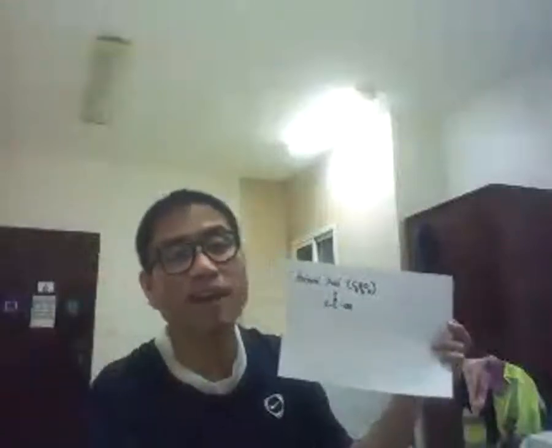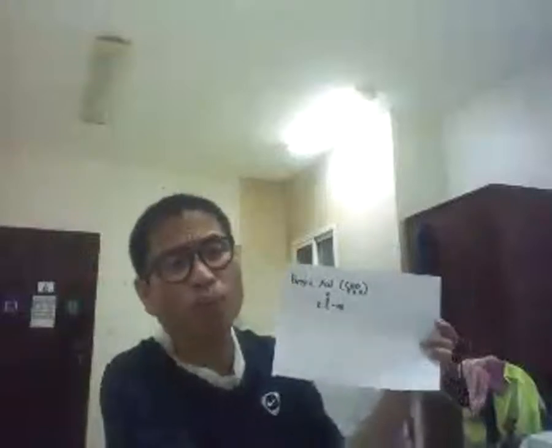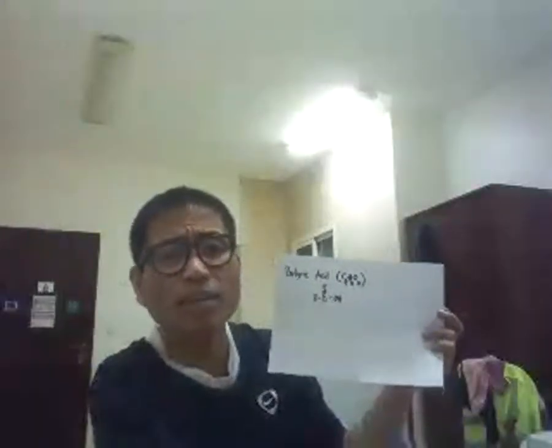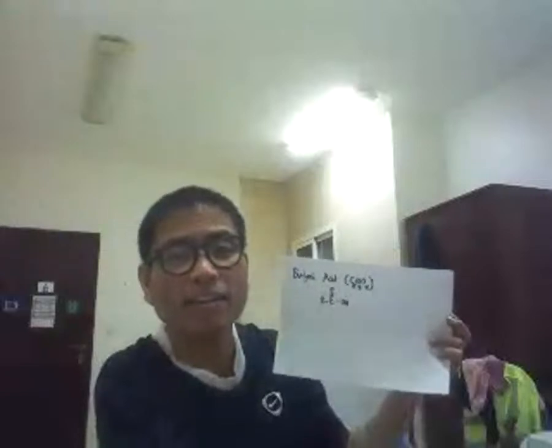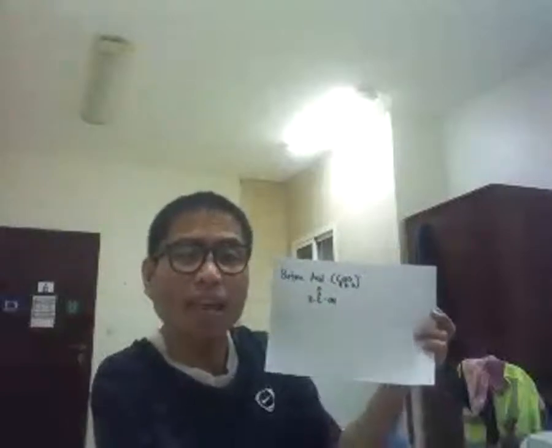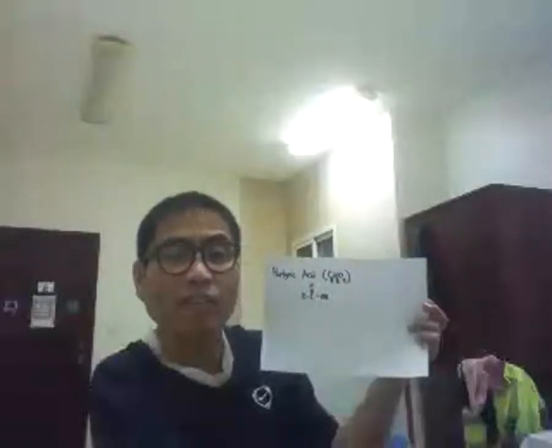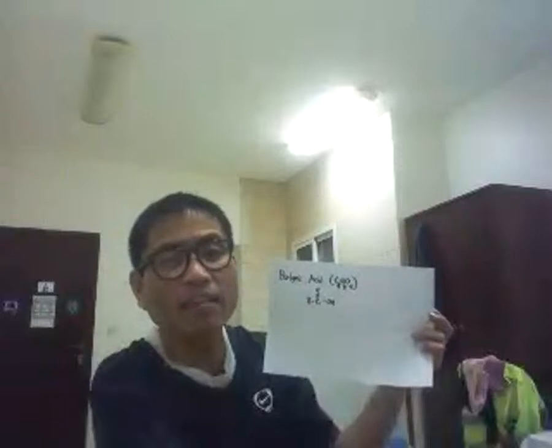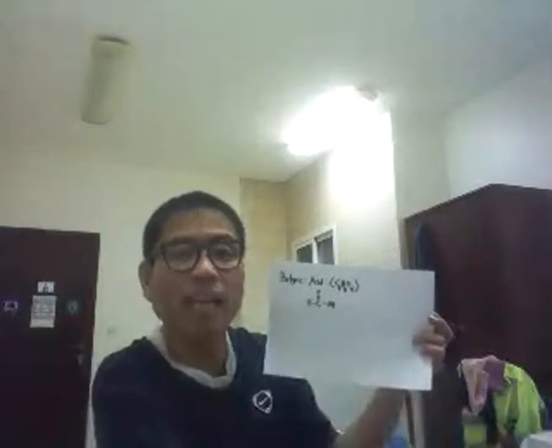Memorize that starting from ethane. There's no one, because one is simply methane, meaning one carbon atom only. Methane, ethane, propane, butane, pentane, hexane, heptane, octane, nonane, decane.